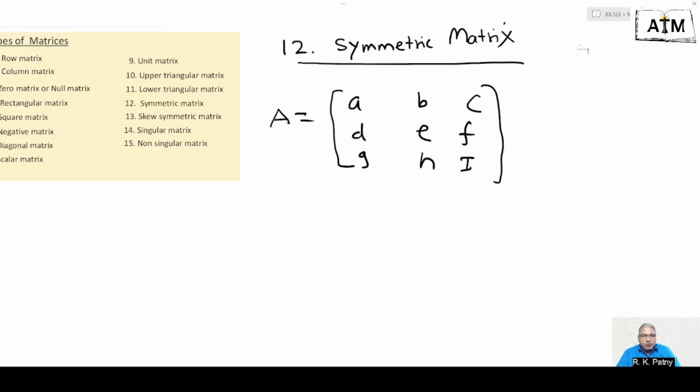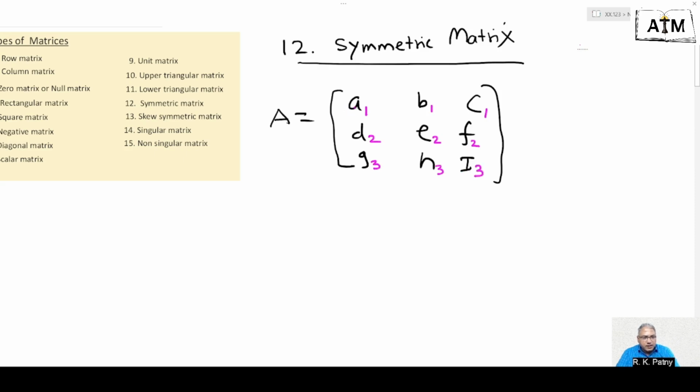Friends, before understanding what is a symmetric matrix, let us understand the following logic. Now A, B, C are the elements belonging to the first row, therefore write 1 1 1, and D, E, F belong to the second row, therefore 2 2 and 2 written as a suffix. Similarly, G, H, I belong to the third row, therefore 3 3 and 3.